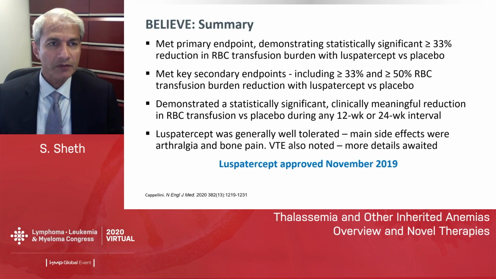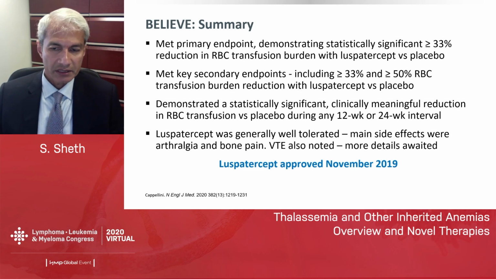So basically, the summary of the BELIEVE trial, it met its primary endpoint, demonstrating statistically significant reduction in transfusion burden of 33% or greater. It met its secondary endpoints as well. And it was generally well tolerated with very few significant or serious side effects. And therefore, it was approved for use in November of last year.